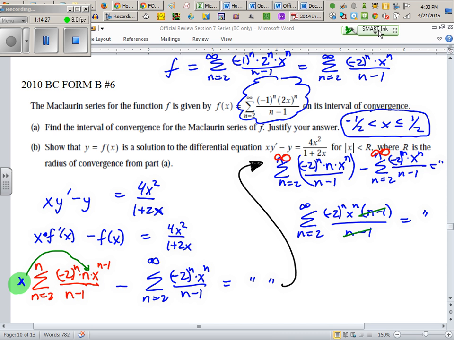This doesn't look like the same thing as the right side. Really? Look at the left side. How in the world is that 4x squared over 1 plus 2x? Ah, man. Did we fail? No, it's a G-series. Do you see it? See the negative 2 to the n and the x to the n? That can be put into 1.